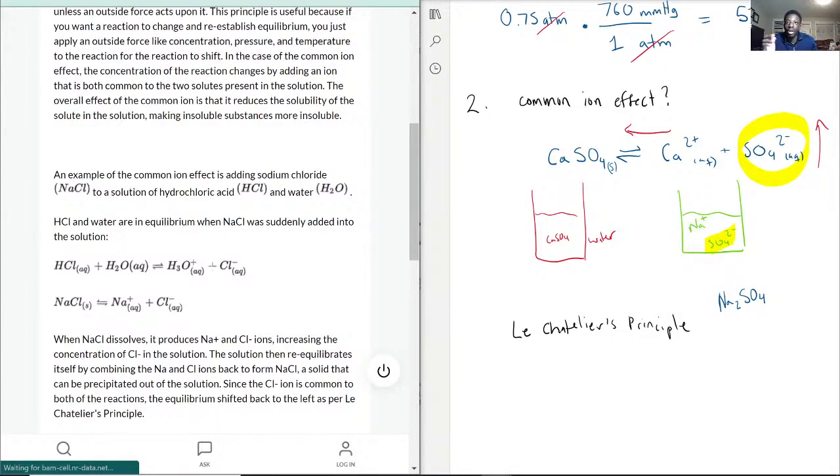The K value is way above 1, and usually when you have a K value above 1, you're going to dissociate. This calcium sulfate, though, has a K value a lot less than 1, hence why it doesn't do so well in dissolving. That is why this would be a better example of the common ion effect, because it already doesn't want to dissociate, and now it has even less reason to dissociate because there's already some sulfate in there.